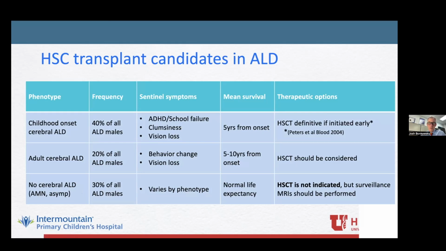That's because the transplant itself carries mortality risk, and you'd potentially be putting people through a dangerous, complicated, and expensive procedure that they might never need in their life. There are indications that you should keep checking MRIs as adult men age, but what to do with that is a little bit controversial.